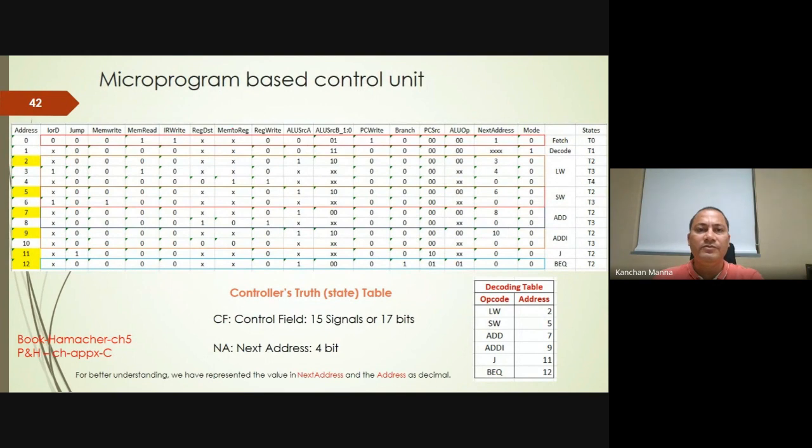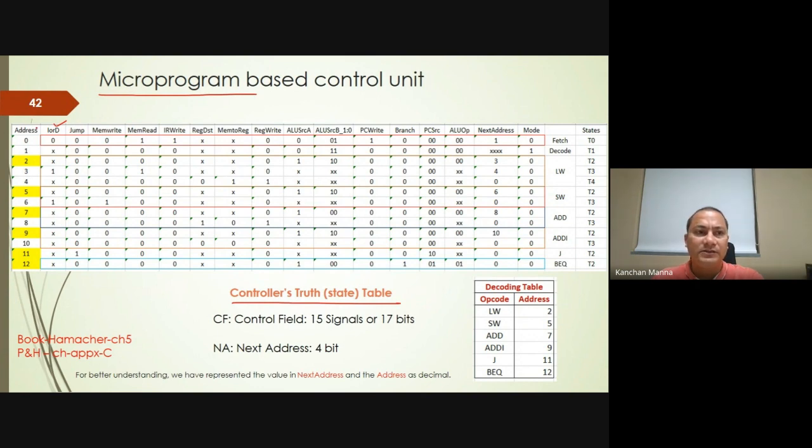Now we are discussing the microprogram based control unit. Here is the state table that the controller has. I think you remember how to populate these values. These are the output signals that we have just seen.